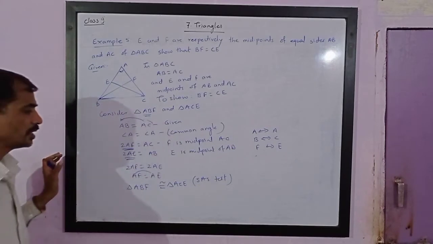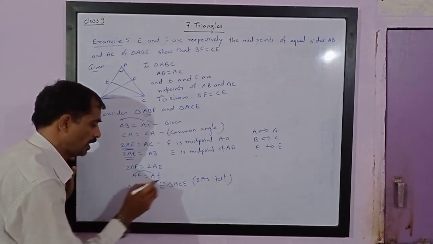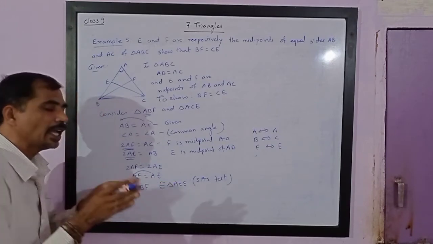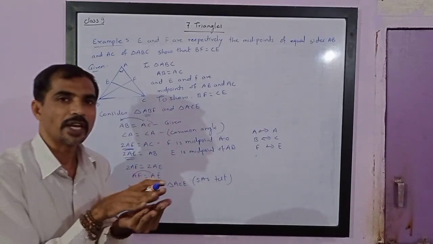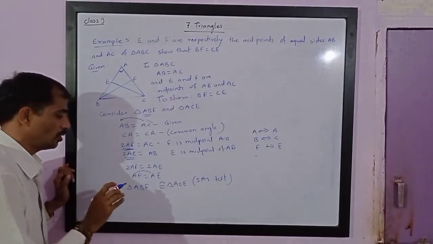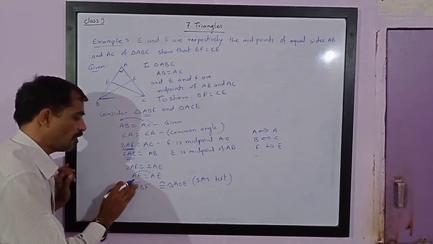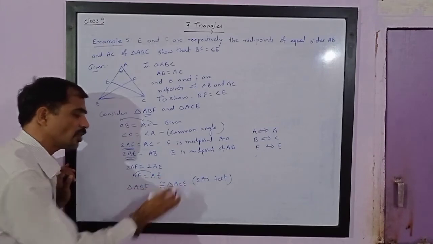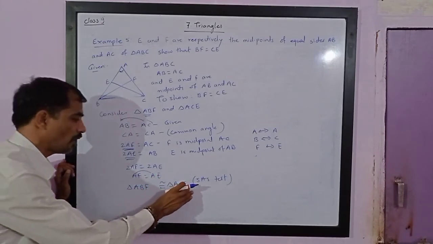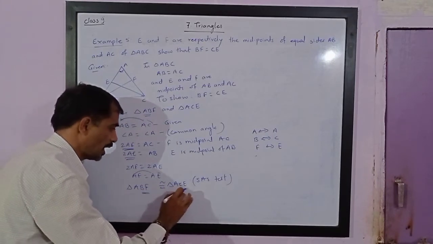Now if you keep A on vertex A, B on vertex C, F on vertex E, then the two triangles will coincide with each other. It means three sides are congruent to each other: the side formed by the first two vertices is congruent to the side formed by the first two vertices, and the side formed by the second and third vertices is congruent to the side formed by the second and third vertices.